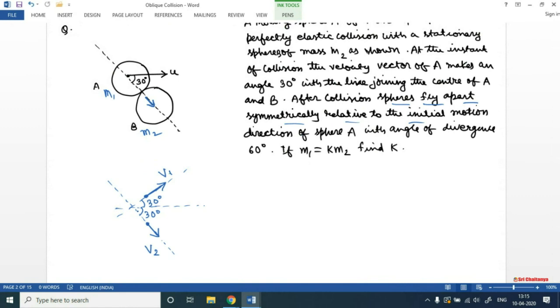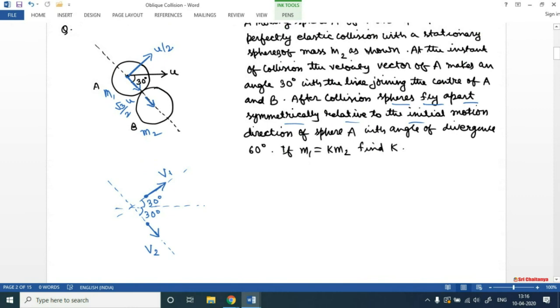Now we are going to resolve the motion into two mutually perpendicular components. This component here would be u cos 30 degrees, that is root 3 by 2 u, and this component is going to be u sin 30 degrees, that is u by 2.